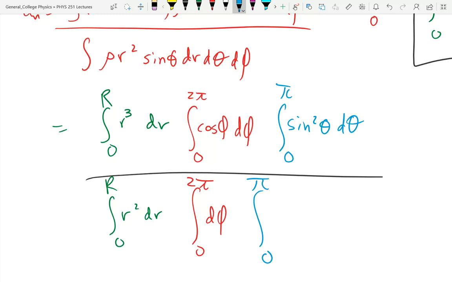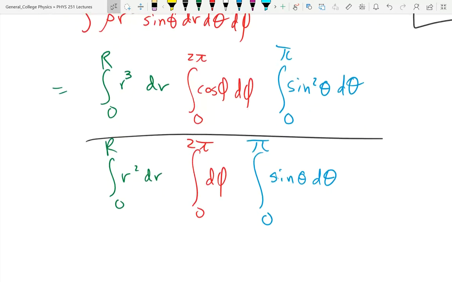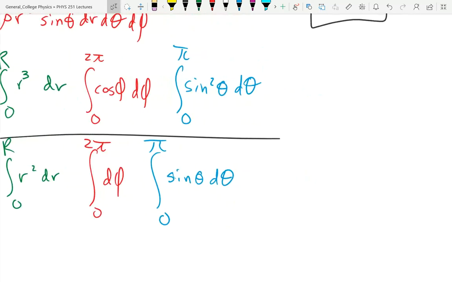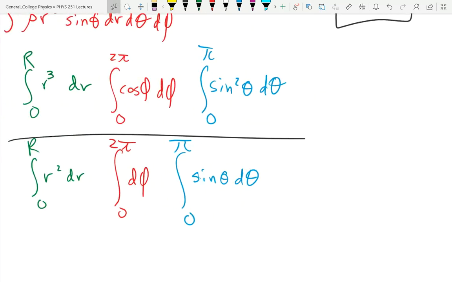Oh, yeah, that's fine. Now the denominator is a good way to check to make sure we have things correct. The numerator is going to be the thing that gives us our answer, really.